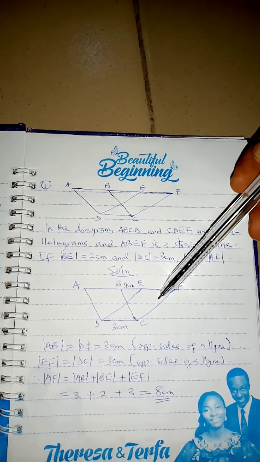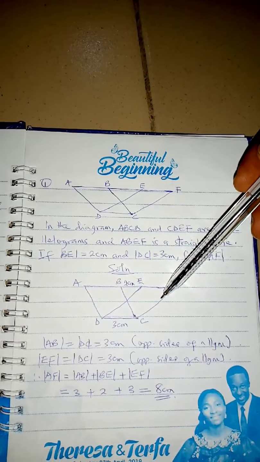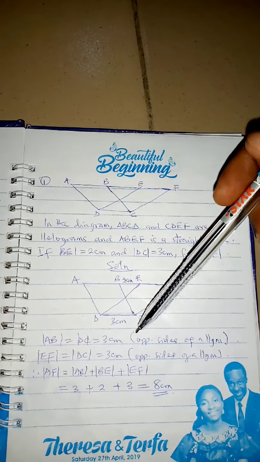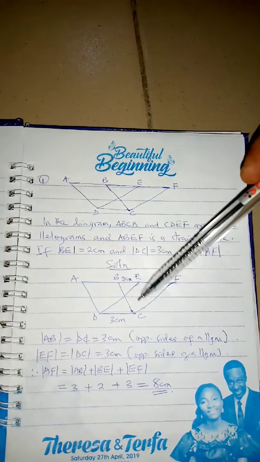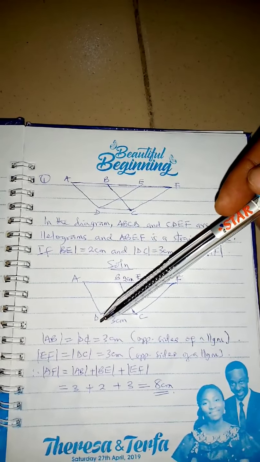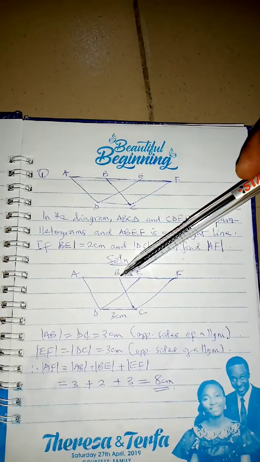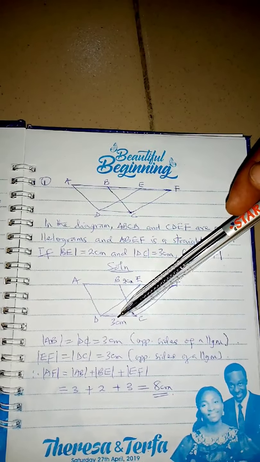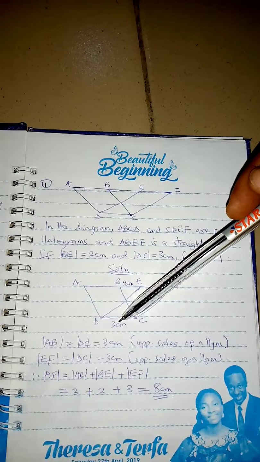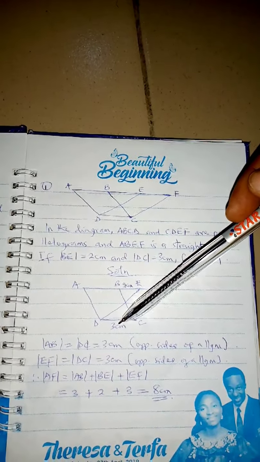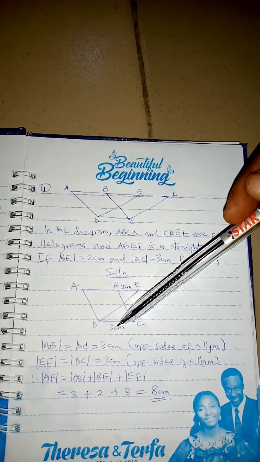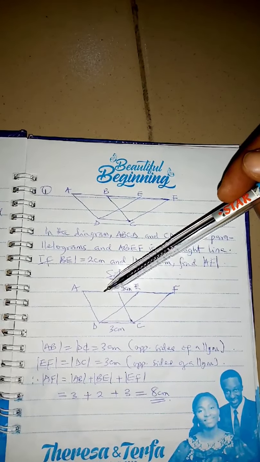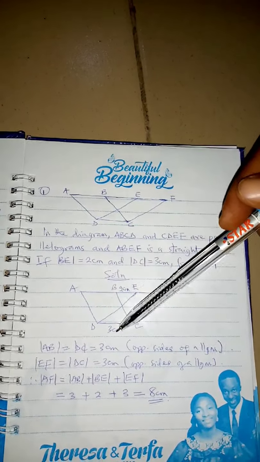Here is my diagram. Now, this is 2 cm. This is 3 cm. Since ABCD is a parallelogram, that means this length AB is the same thing as 3 cm here, which is DC, because the opposite sides of a parallelogram are equal. When you check the properties of a parallelogram, you will see the opposite sides are equal. So these two sides facing themselves are equal in length.